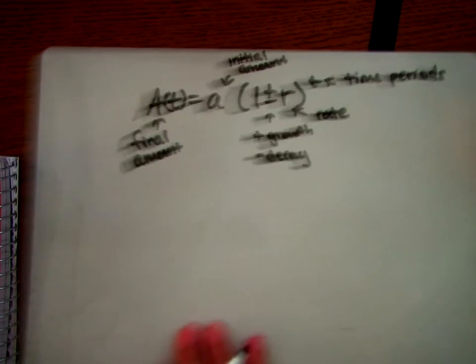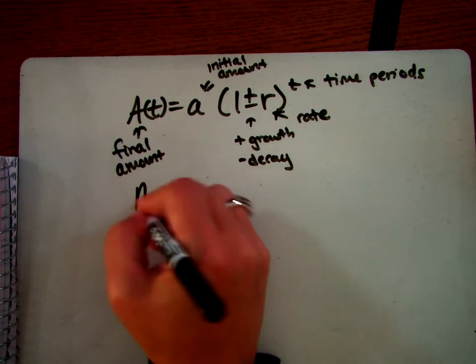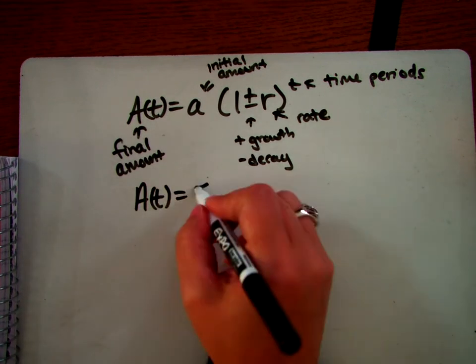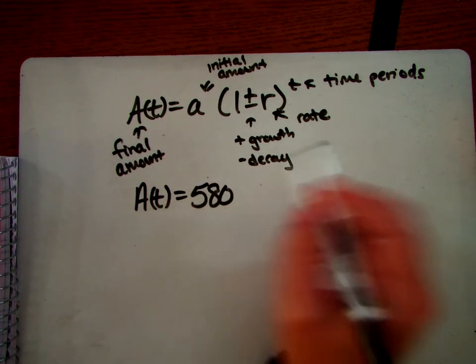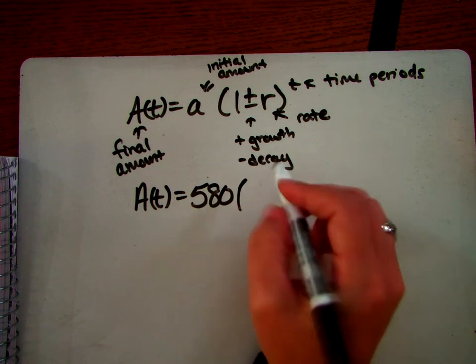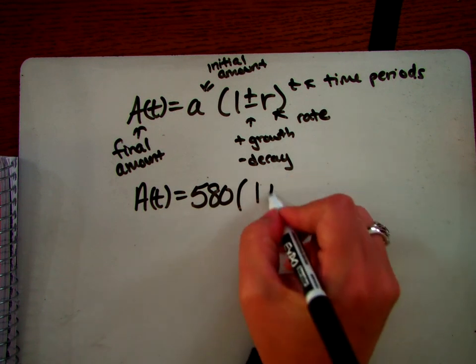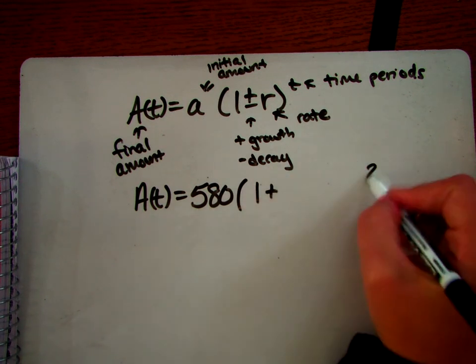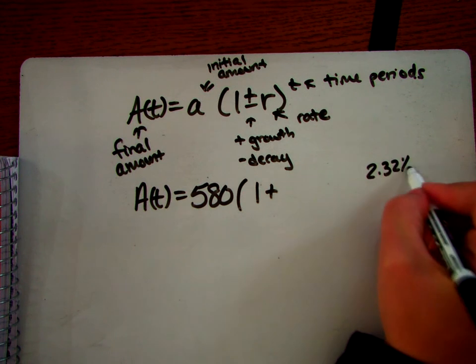So I'm going to come back over here. A of t, I'm looking for my final amount. Our initial amount was 580. And it said we are increasing, so it's going to be 1 plus the 2.32% per year.